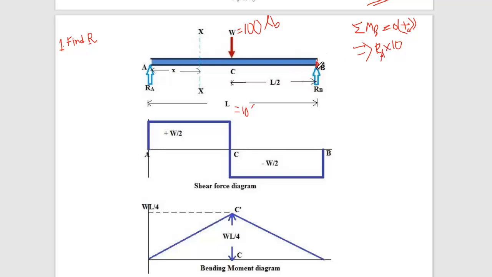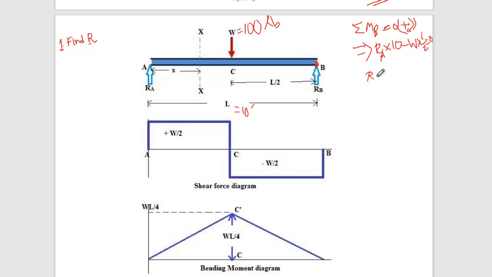It is rotating anti-clockwise with respect to B, because we are taking moment at point B. So minus W into 5. Why 5? Because it is half of L, L by 2. So RA into 10 minus W into L by 2 equals 0. Here you know the W, only RA is unknown.